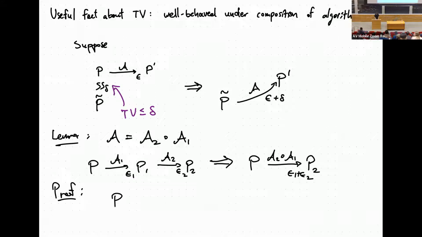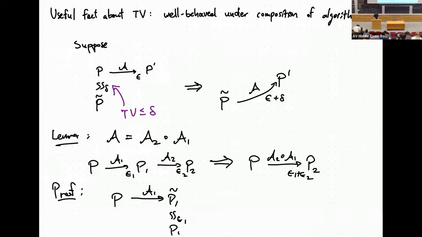So why is this? Well, if we unpack what this starting thing is saying, it's saying that A1 maps P to P1 tilde, which is epsilon 1 away from P1. Right, that's what this arrow sub epsilon 1 means.